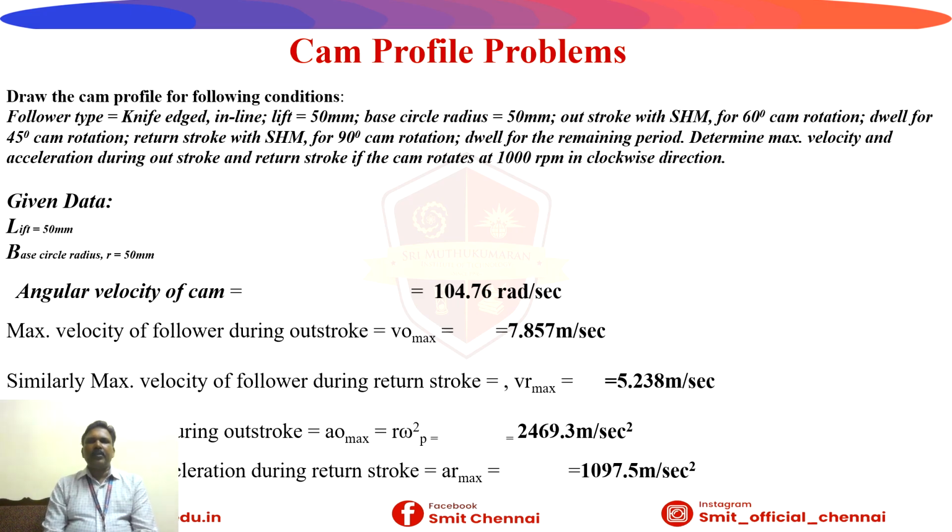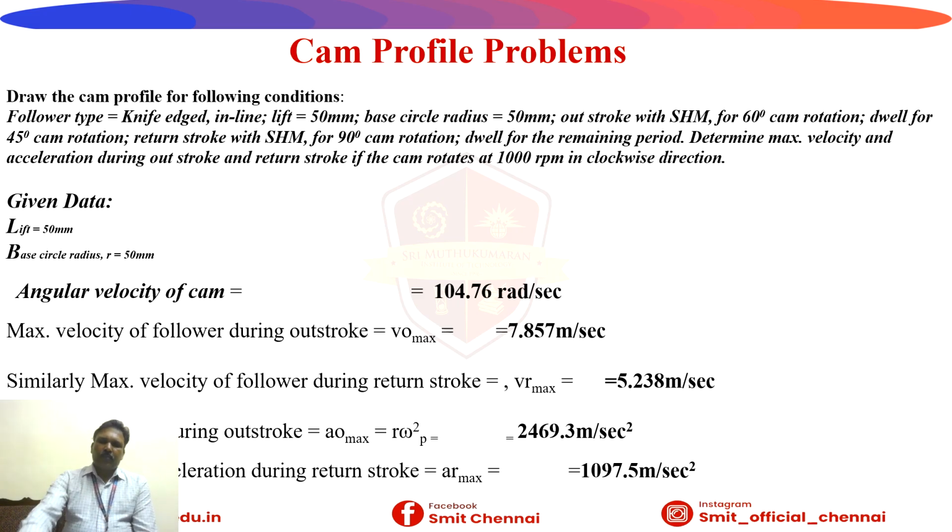Outstroke for 60 degrees, dwell for 45, and return with SHM, followed by dwell for the remaining period. The various things they have asked in the problem are the maximum velocity and acceleration during the outstroke and return stroke. The cam rotates at 1000 rpm in the clockwise direction. So this maximum velocity and acceleration we can solve using basic formulas.